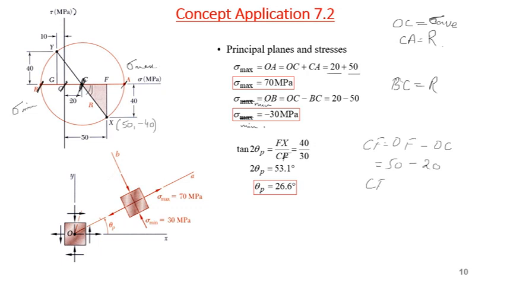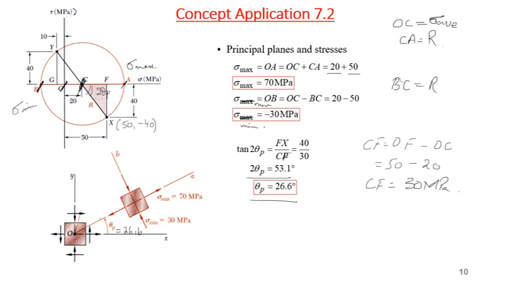So the CF value is 30 megapascal. When we put the value 40 by 30 into tan 2 theta p, theta p is 26.6 degrees, meaning this angle is 26.6 degrees. But on the Mohr circle it will be 2 theta p. So by using the Mohr circle you can find the orientation of the principal planes as well.